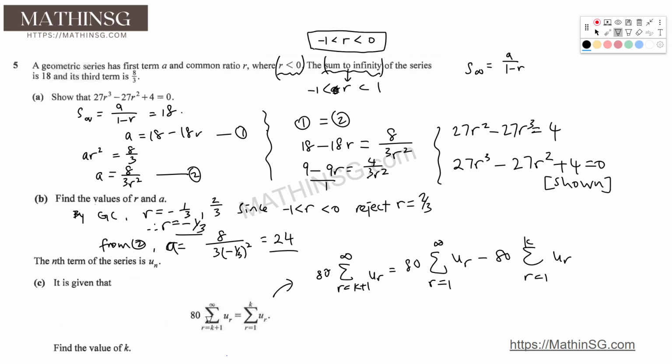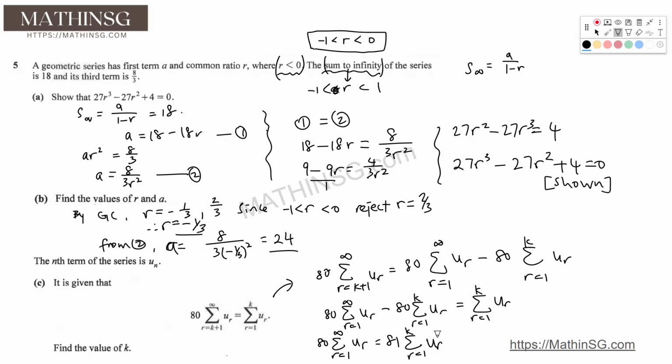So I'm going to replace this portion here with this one here. Now I can combine these together. So I have 80 times the sum to infinity is equal to 81 times the sum of the first k terms.